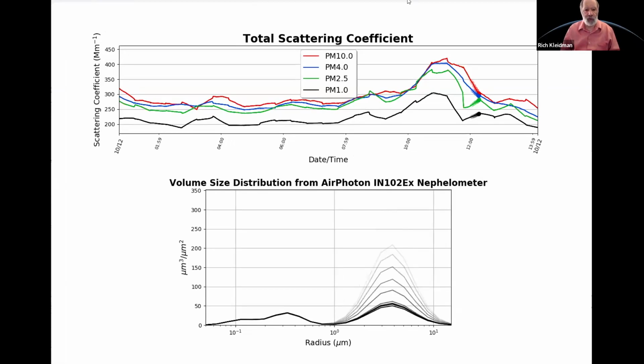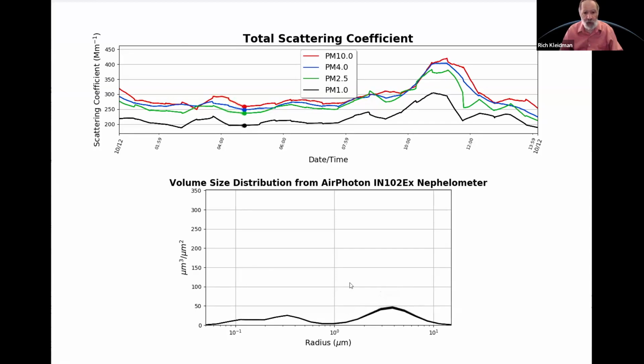So this is what we can do with the size cuts. And this is an older inversion, even before we began to apply the GRASP inversion. So this is what you were seeing in the software at the bottom of the screen. But here is some real data that we collected. And so what you're seeing is the scattering from each of these size cuts.